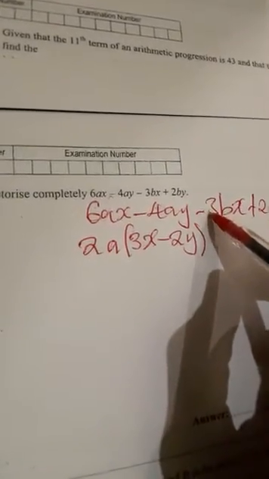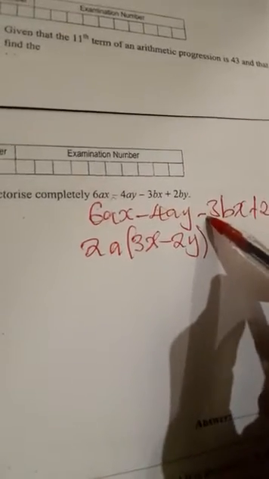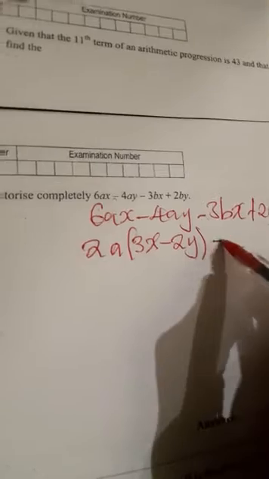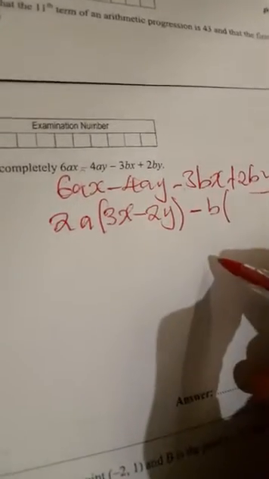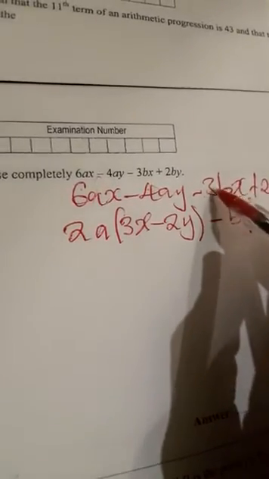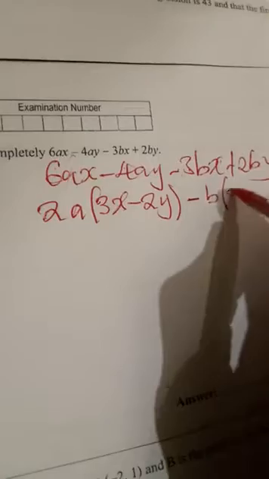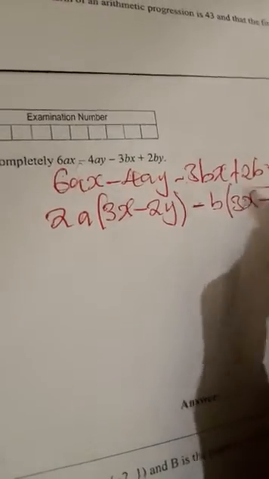Remember, you have to make sure that the signs are the same. So here, for you to remove a negative, you have to add -b. So that negative into negative positive, b will give you 3x. So you write 3x here. Negative into positive, it's negative.